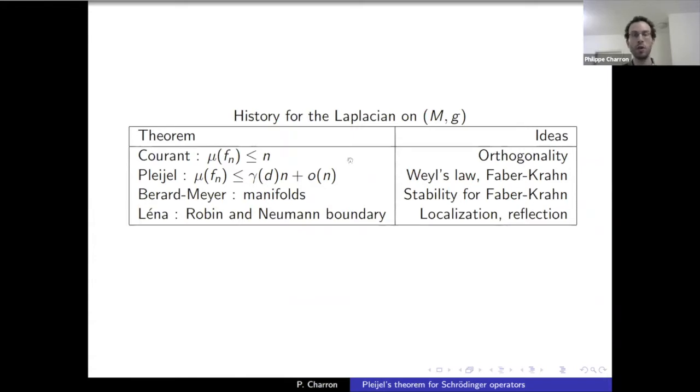You can control it in terms of lambda using the Faber-Krahn inequality. Then you estimate the number of eigenvalues less than lambda, and then you divide. So you get a Weyl term at the bottom, a Faber-Krahn term at the top, and when you divide, you get this constant gamma of d.